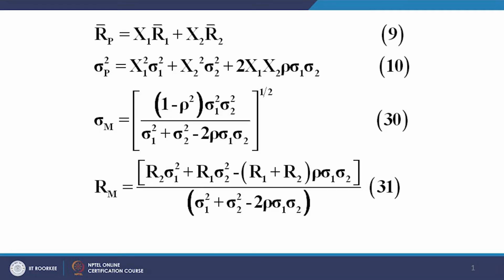We simply put x 1 and x 2 in the expressions for the portfolio return and the portfolio variance, and what we get is the expression given in equations 30 and 31. So, these are the coordinates of the minimum variance portfolio in the risk return space.